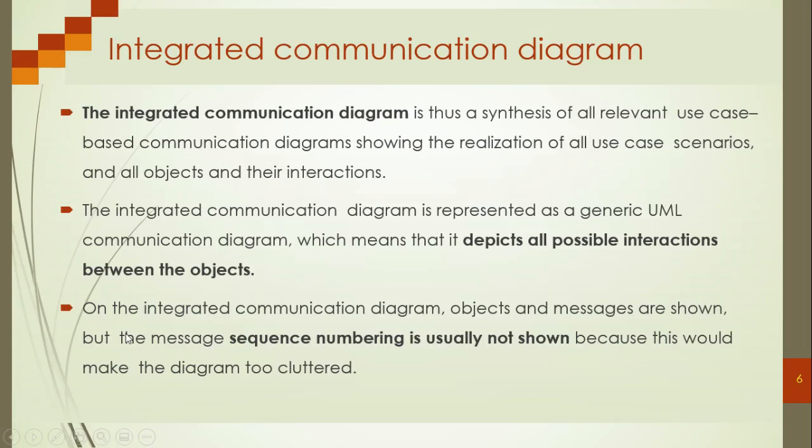In integrated communication diagrams, we used to show all the communication and messages. However, if we show all the messages, the diagram may become massive and cluttered. So it's better to ignore some messages. For example, the sequence numbering in the messages should not be shown.